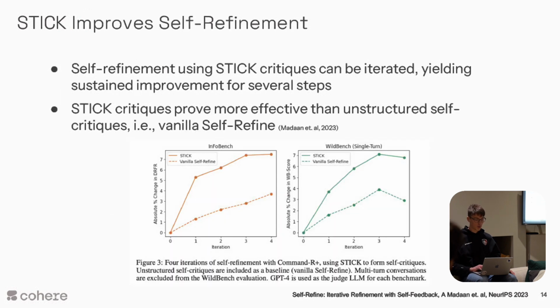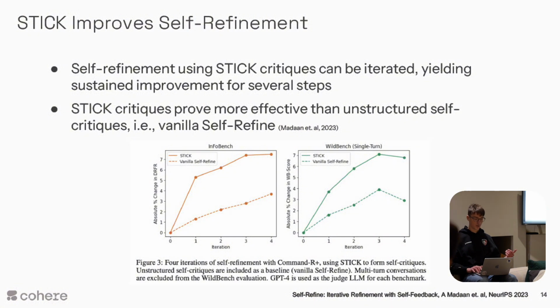And here are some results for 2 general instruction-following datasets, for STICK versus Self-Refine, which is just if you ask the LLM to, going back to what was done earlier in this table, critique yourself and improve your response. And here they showed that, on these maths problems, it got worse.